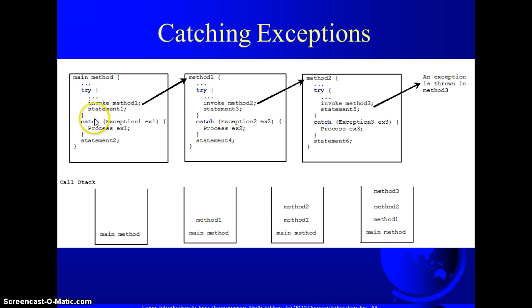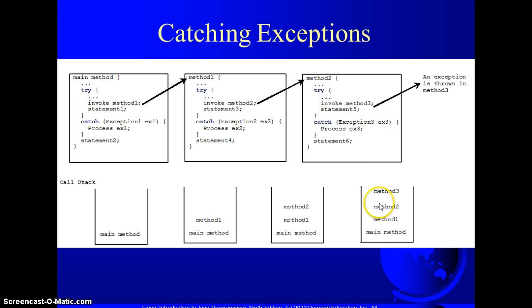Now, when we invoke like this, we're going to use a stack to help, because the main is not done yet. It's not complete until the last method, method 3, has been invoked. So we use a stack to push the main thread, then the method 1 thread, method 2 thread, and then you open the method 3 thread and execute it.